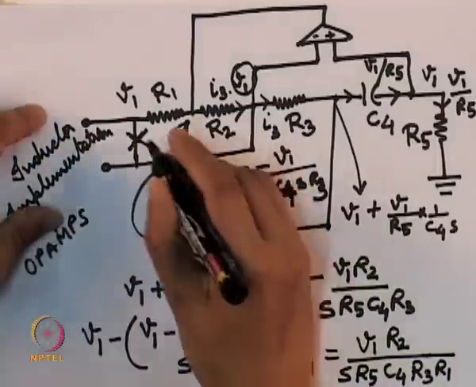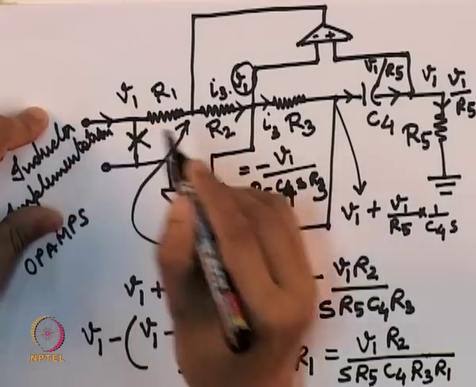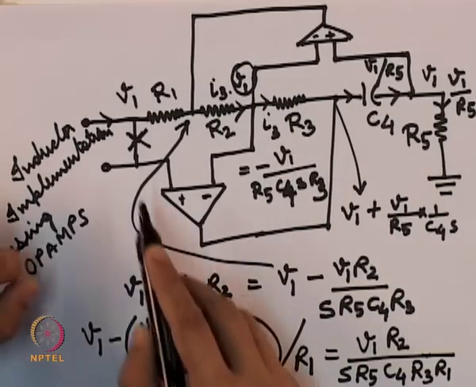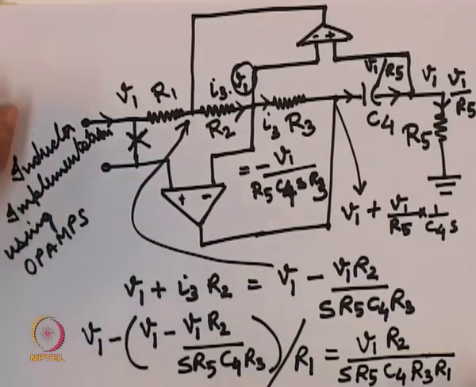Okay. So, this is the current that is flowing through R1 and also the current flowing into this network, because no current is flowing through this terminal.